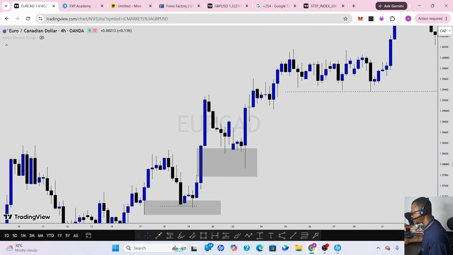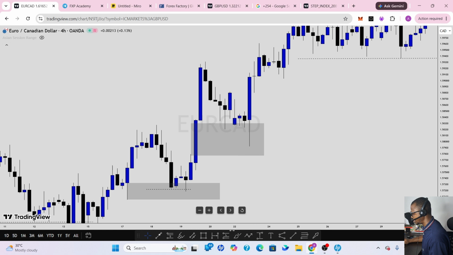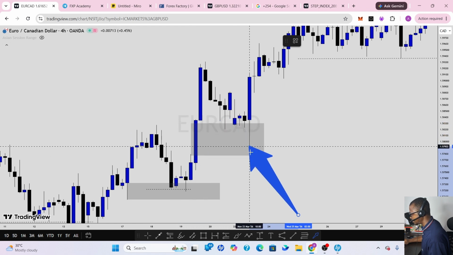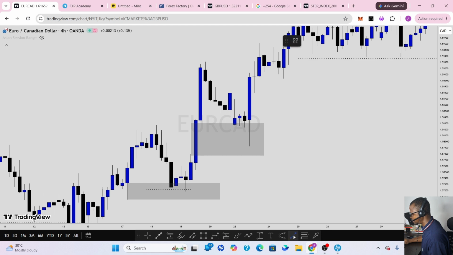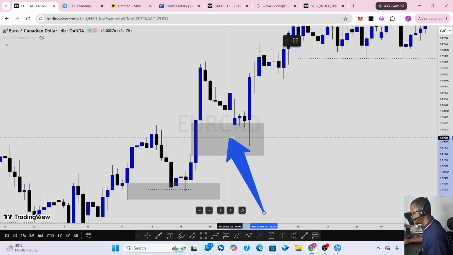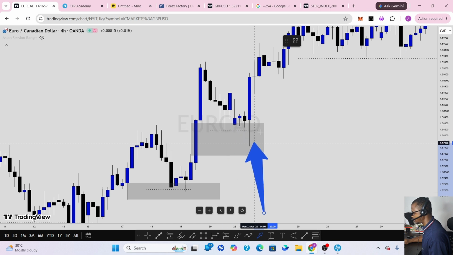And look at another example. Of course, I will discuss this much more in my next video. You can equally use your fair value gap. Look at this massive fair value gap here. The moment price taps into this fair value gap with the liquidity sweep here, look at the liquidity sweep here. You understand? The moment the market gives you this liquidity sweep, it starts pushing towards the upside.